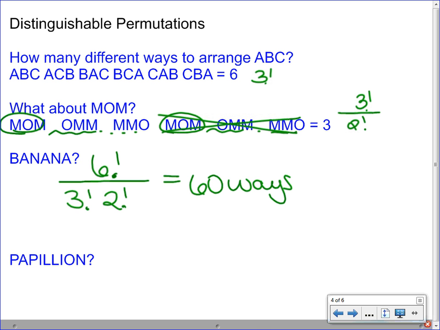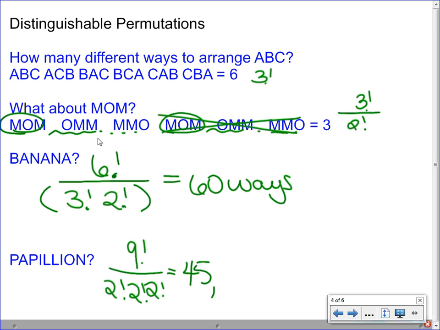Some of you are having some issues because you're forgetting parentheses. How many letters are in papillion? These are repeating: I's, L's. 45,000? Do we agree with that number? Okay. Questions?